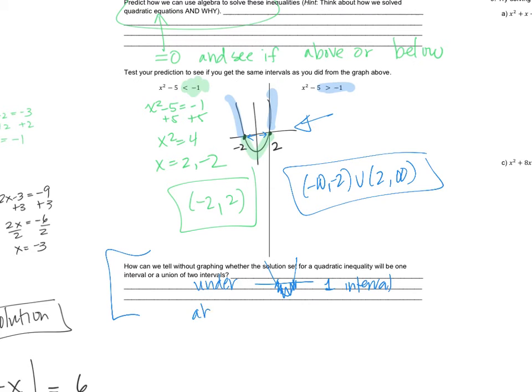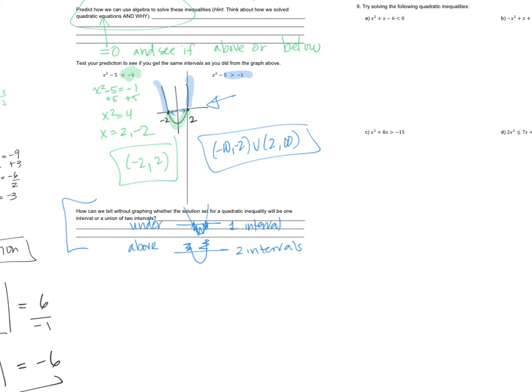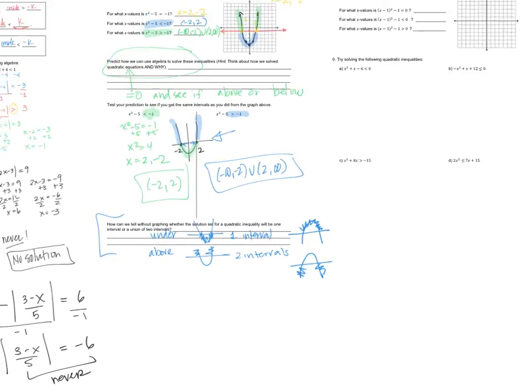If we are above, again, it depends on our parabola pointing upward, we would have our 2 intervals. So if we had a reflection going on, we would have 1 interval if we were above like that, or 2 intervals, again, just looking at the other part. So it kind of depends on which way that you're flipping.